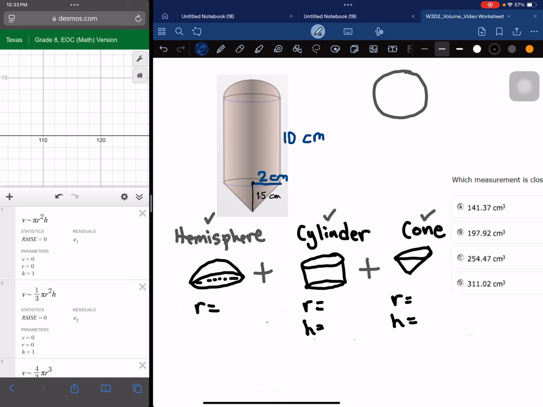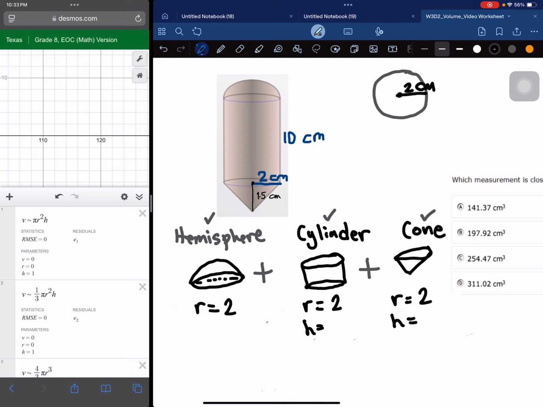And I can see right away that the radius of the circle is 2 centimeters, since the bases are identical to one another.